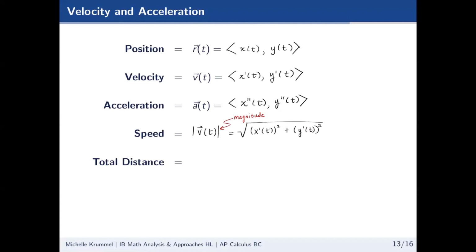So square root of all of that is going to give us the magnitude of the velocity, which we can also refer to as speed. Now this formula might look familiar to you because we did very recently work with a formula where we took the square root of dx dt squared plus dy dt squared. X prime of t is just a different notation for dx dt.